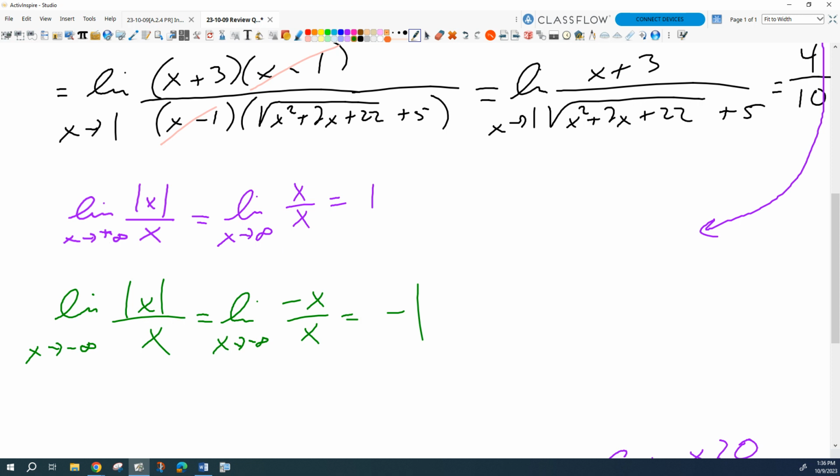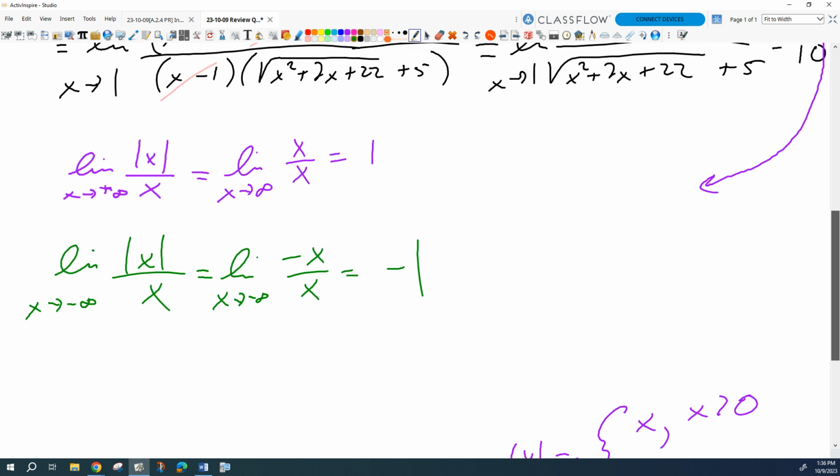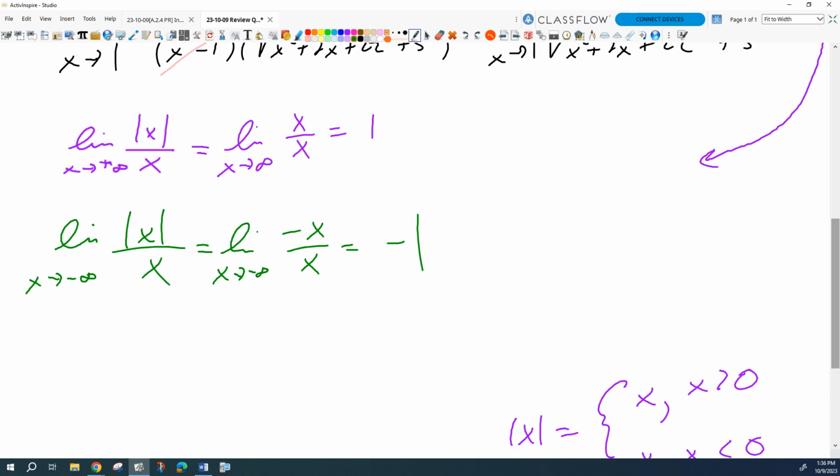So then what's that mean about our answers here? What are my horizontal asymptotes? I've got 2 of them, right? As x approaches positive infinity, my horizontal asymptote is y equals 1.